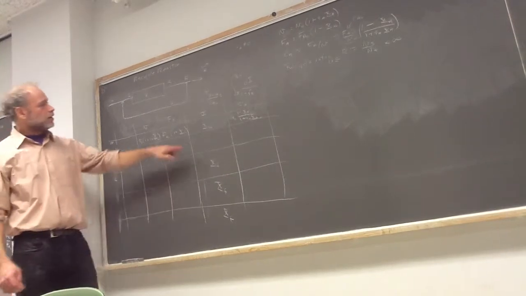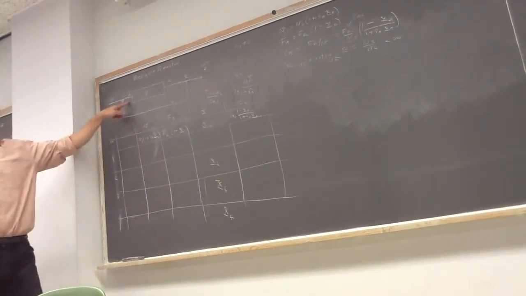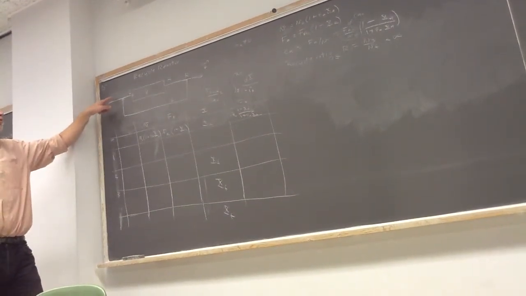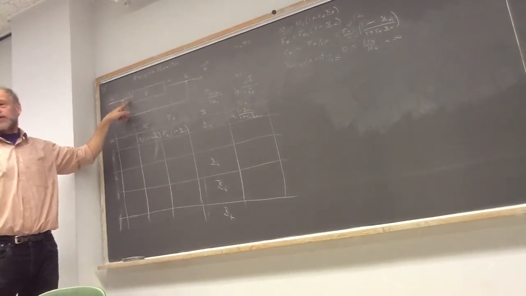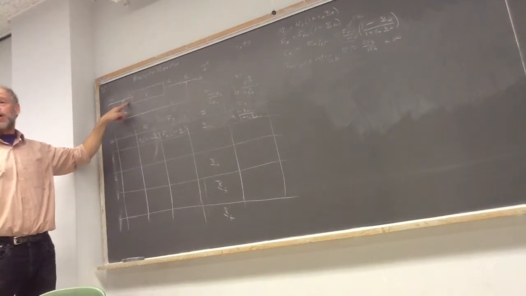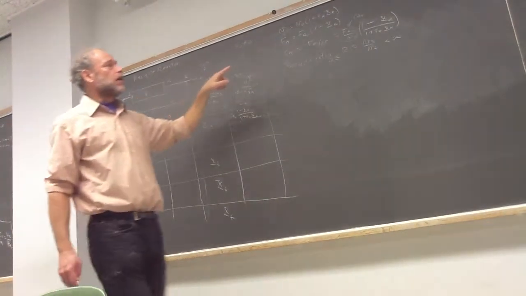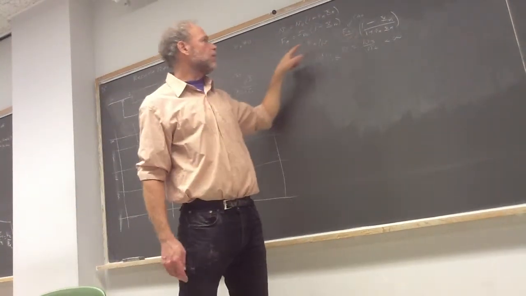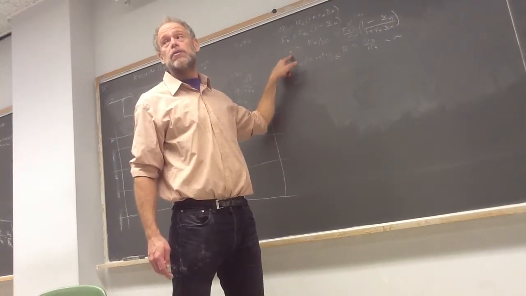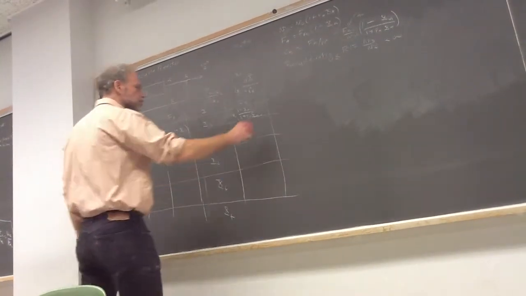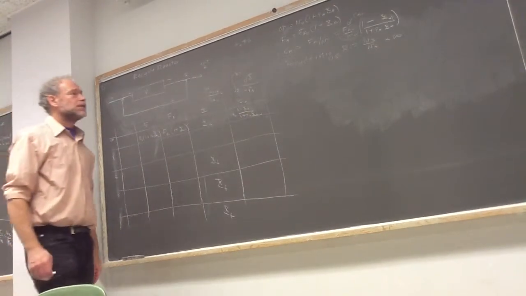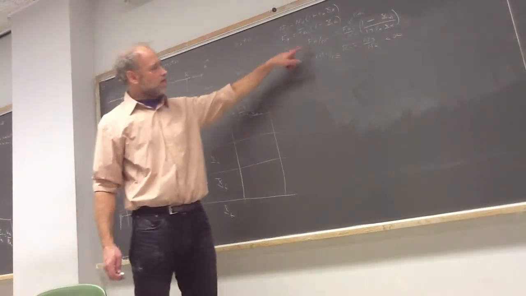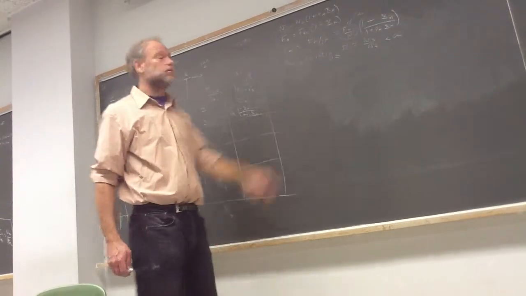How about x1? Stream 1 is a mixture of the in stream and the 3 stream. So I don't know what x1 is. In order to get x1, I have to get CA1. So I have to fill in this box in order to get to this box. To get CA1, I need FA1 and V1.